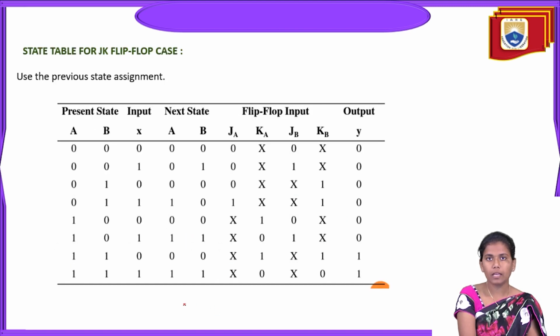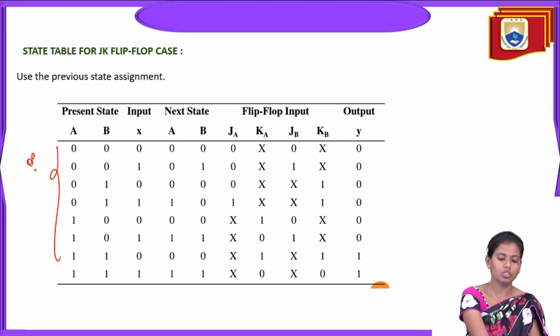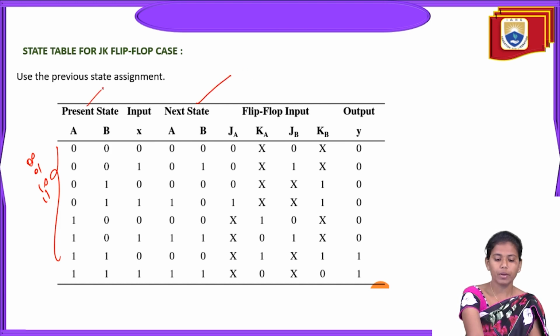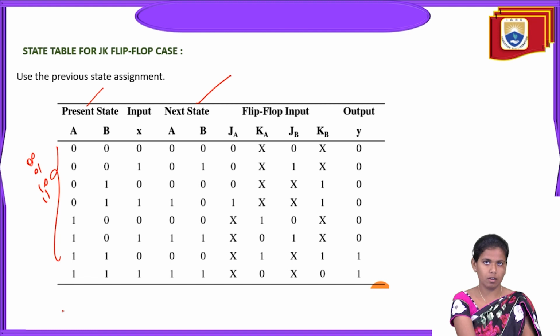but the state assignment. So here if you observe present state, input, next state. For the JK flip-flop, input and output. So these are the combinations for 0 0, 0 1, 1 0 and 1 1. These are the combinations where the next state is observed only because of the present state, input and the output.